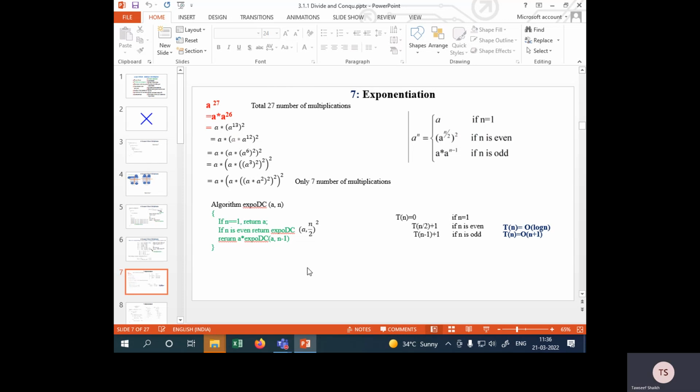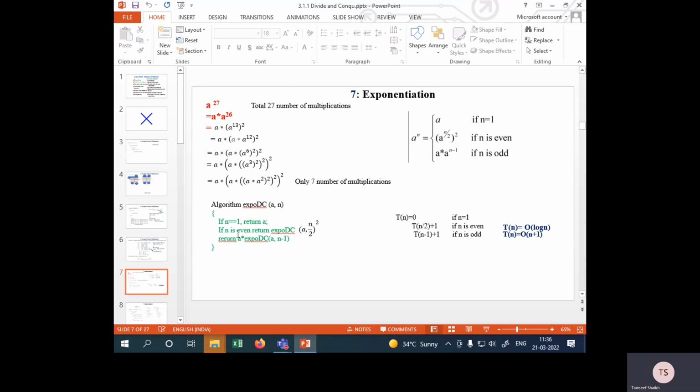So to make a pseudocode, I will first of all write the exponentiation divide and conquer algorithm by passing the parameters a and its power n. Then if n is equal to 1, the same thing in terms of pseudocode we are writing now: if n is equal to 1, then return a.